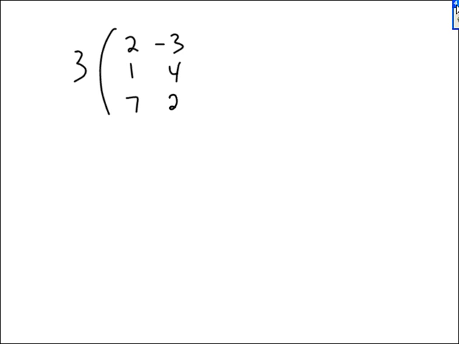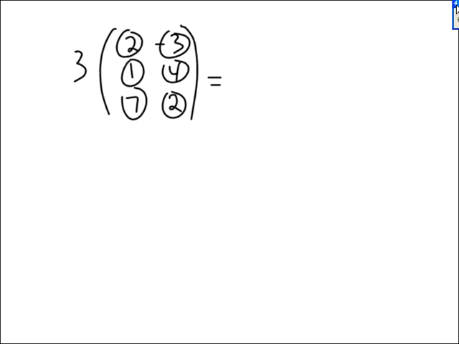Doesn't matter what size this matrix is. Basically, you take all 6 entries, 1, 2, 3, 4, 5, and 6, and you multiply it by the number in front. And when you multiply the top left number by 3, guess what? You put that answer in the top left corner.